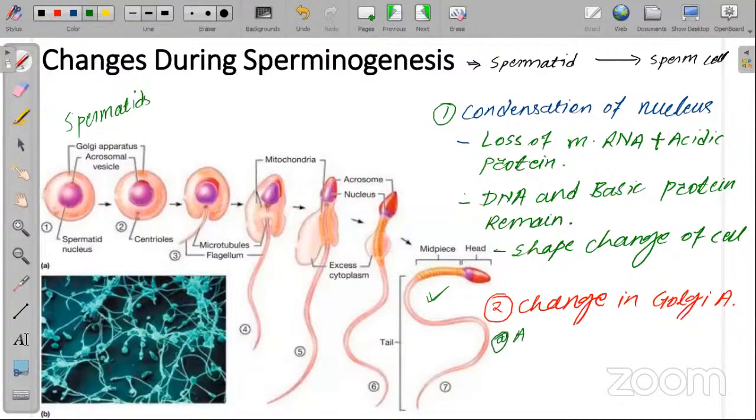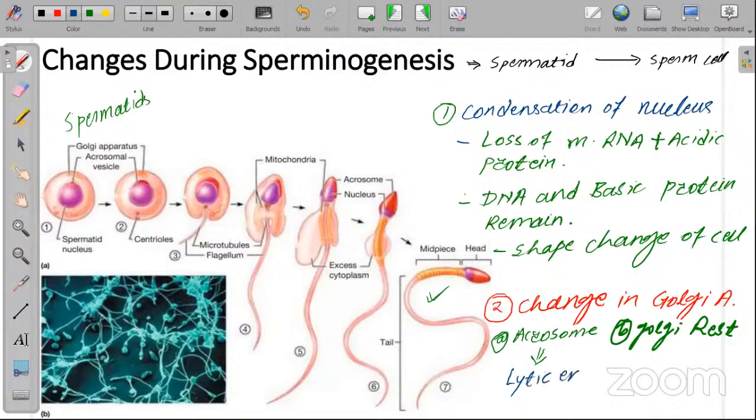Actually, this acrosome part contains some type of enzyme. That enzyme is known as the lytic enzyme.